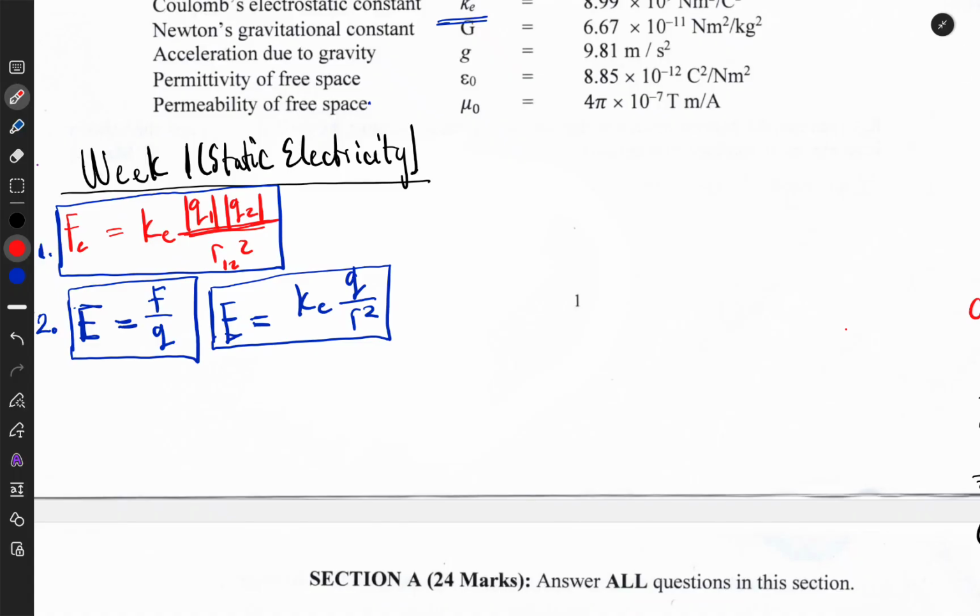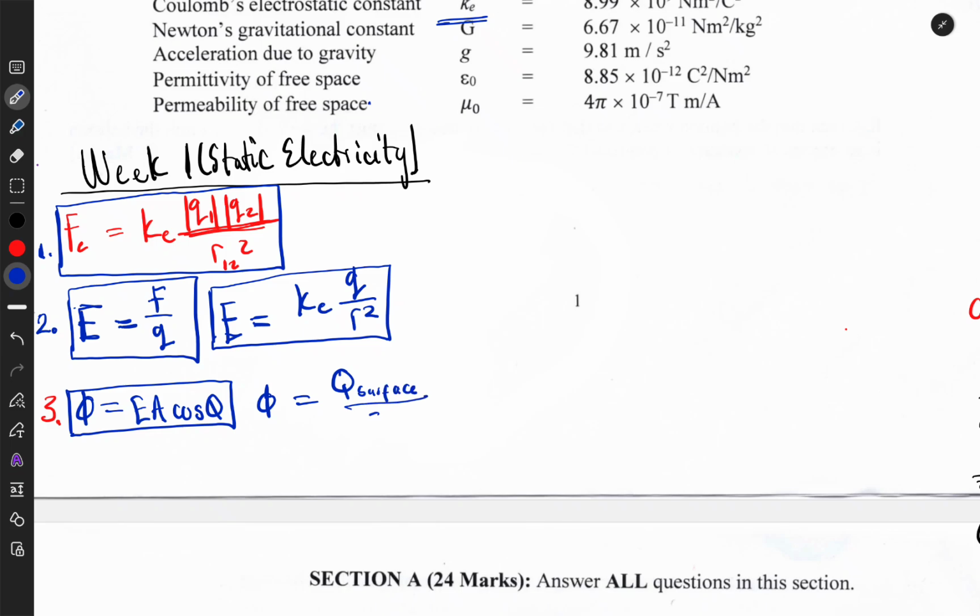Then now, the third. We've done this one, and we've done for E. The third and final one will be for flux, okay? The third and final ones are for flux, which one says flux is equal to EA cos theta, okay? And the other one is Gauss law. It's still for flux, which says flux is equal to Q in divided by mu zero, okay?